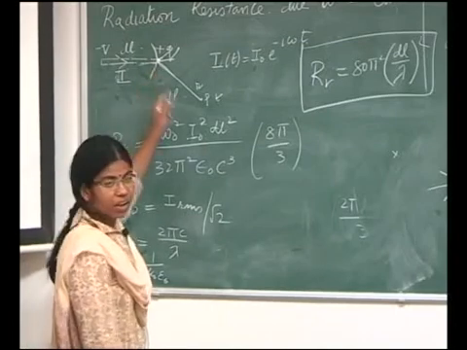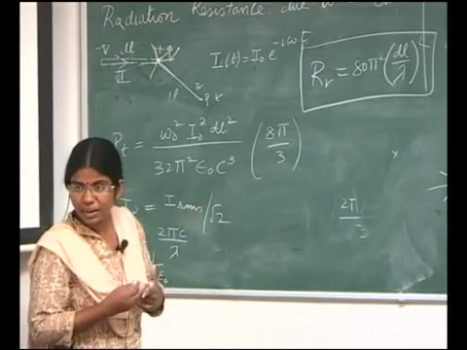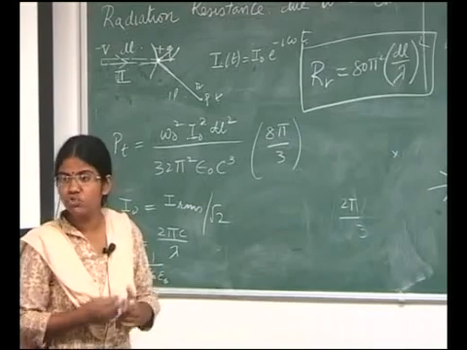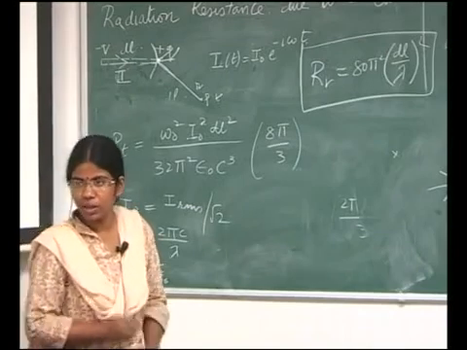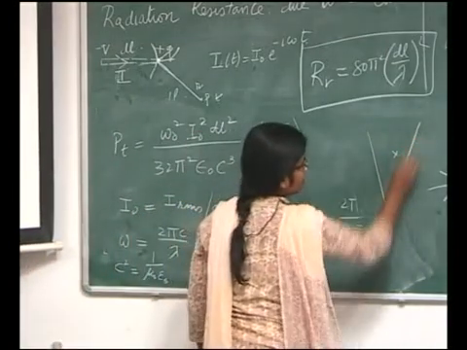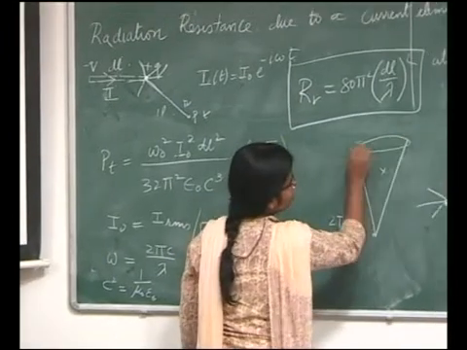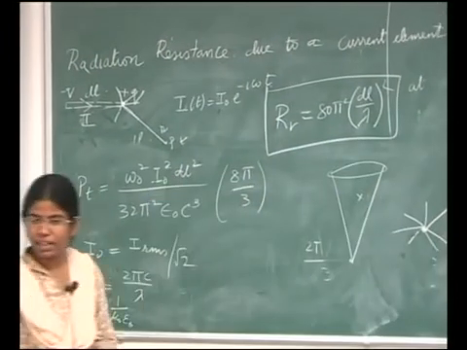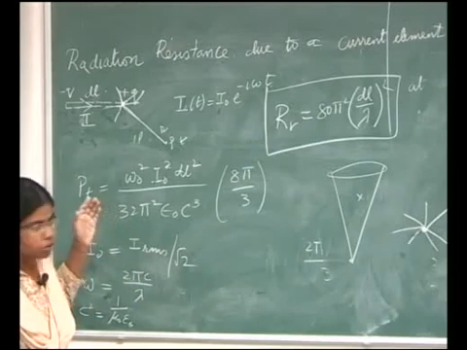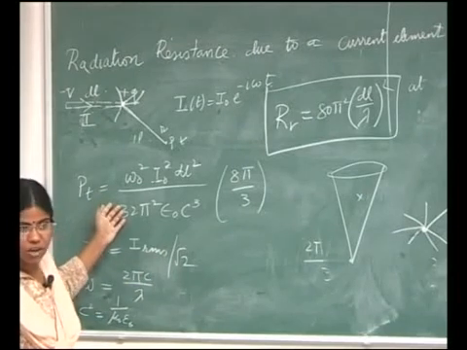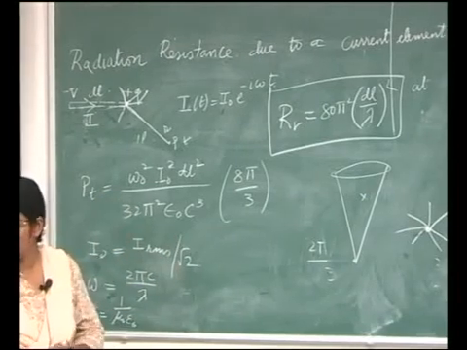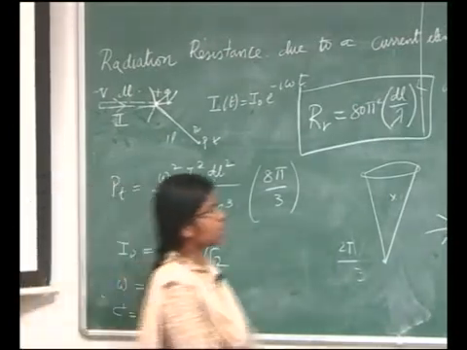The average power is the input power given to the antenna divided by the total solid angle 4 pi. So, you take the input power in watts divided by the total solid angle 4 pi. That is the average power.